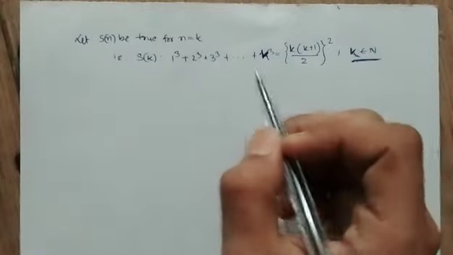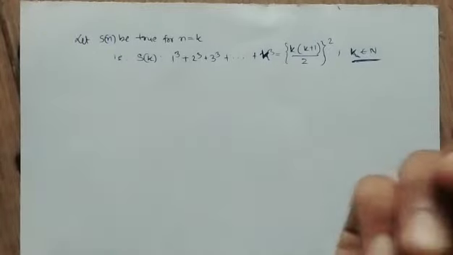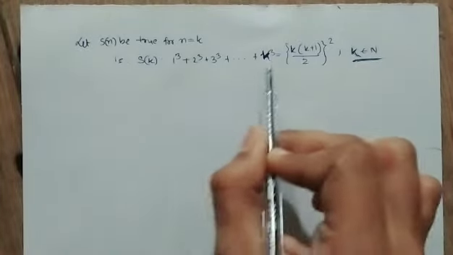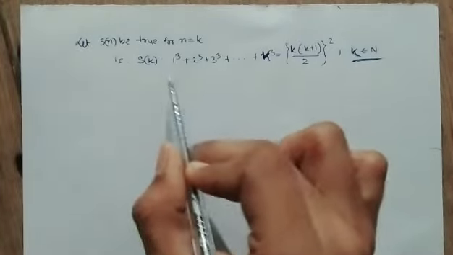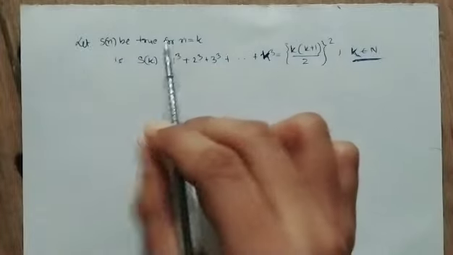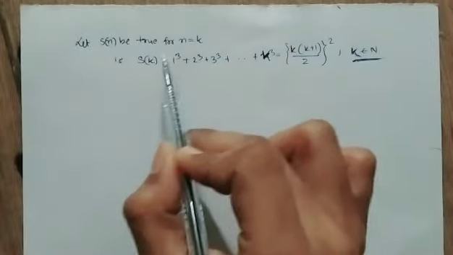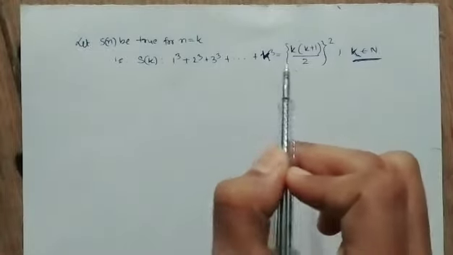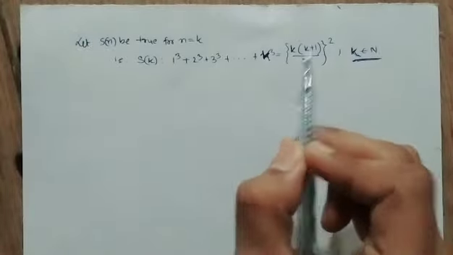Now again, like the previous question, this is Sk, right? If you need to make this term Sk plus 1, what do you need to do? You need to just add one more term, that is k plus 1 cube.